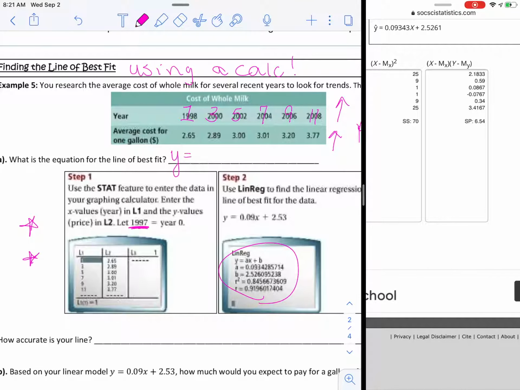It's y equals 0.09343x, which matches what the calculator got. See right here? There's a slope. And plus 2.5261, which again matches what the calculator got. The calculator gives you more decimals, but that's okay.